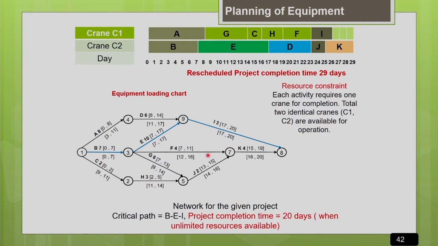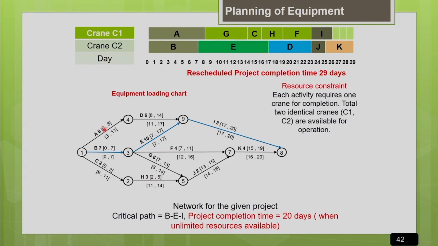This slide shows the project network diagram of a particular project with activities from A to K. The activity duration is represented here. As you can see, A refers to the activity and 8 refers to the activity duration. Above the arrow, the numbers indicate the early start time and early finish time, and below the arrow the numbers indicate the latest start time and latest finish time of the activity.